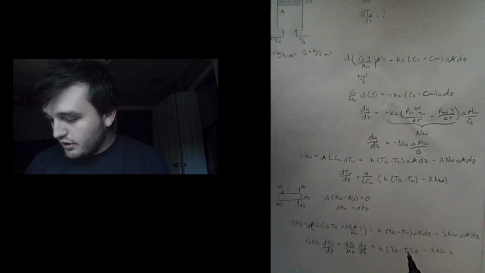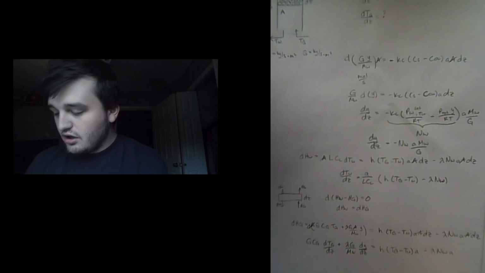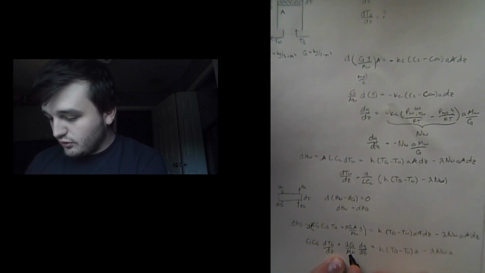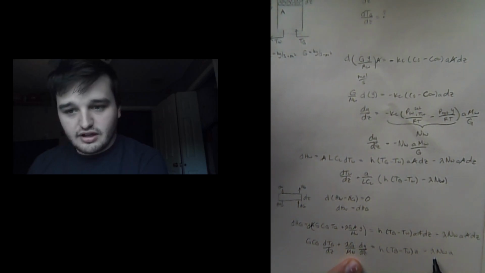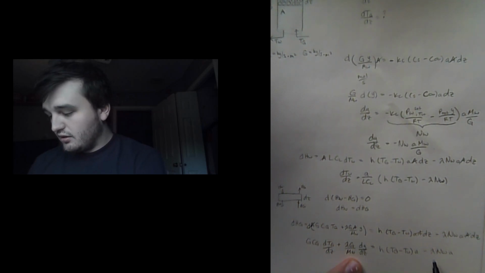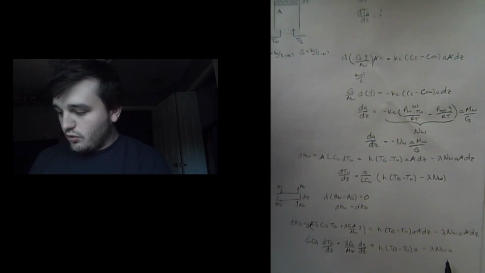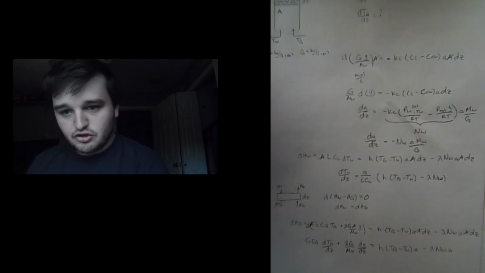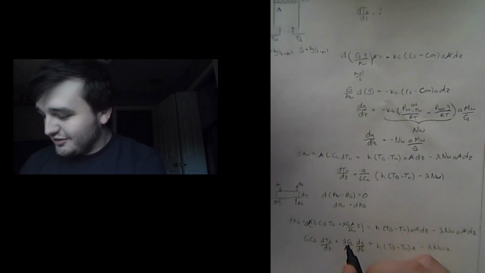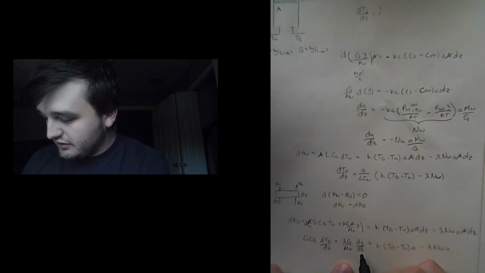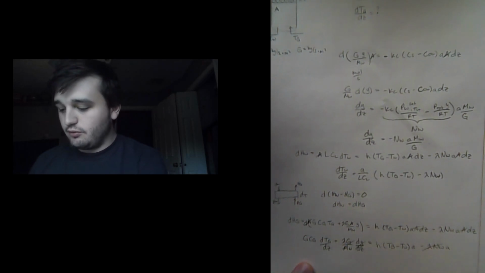If we plug that in for dy/dz, it would cancel out this term and this term over here, this negative heat of vaporization, molar flux of water times the specific area.